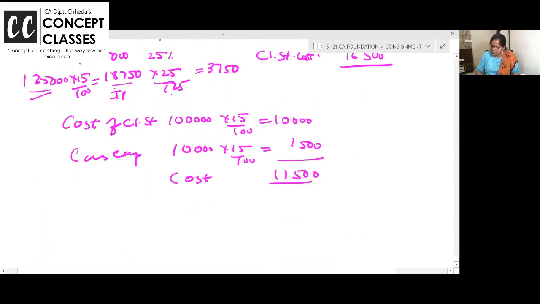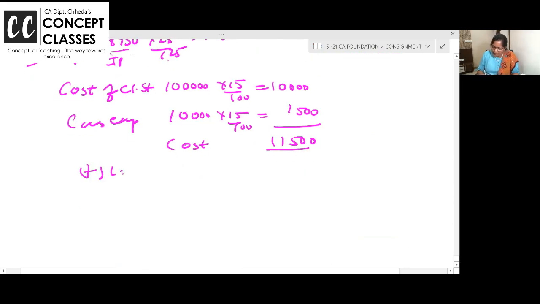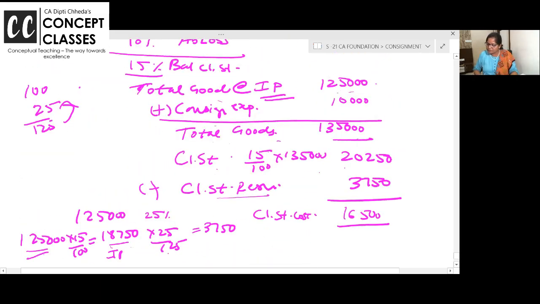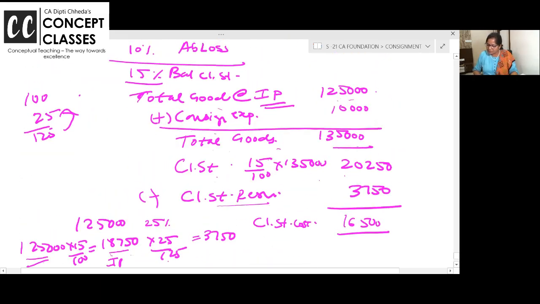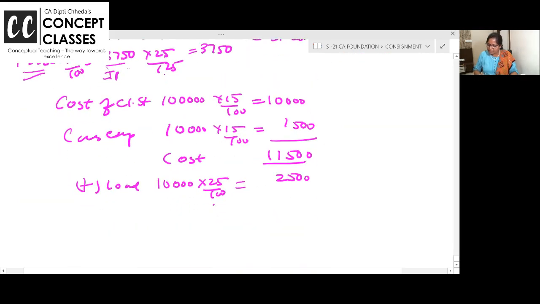11,500 is the cost. Now loading you will have to add. Loading is 10,000 into 25%. This time it's 25 by 100 because loading is on cost. So 2,500.